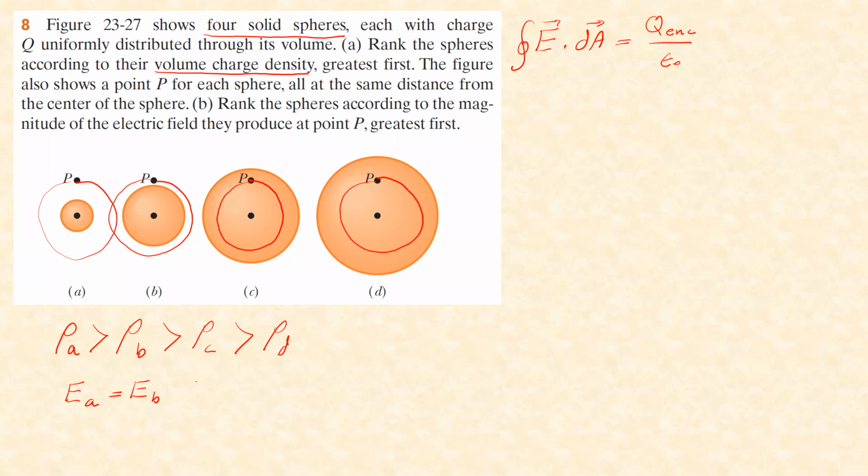That they're all equal? No. The first two have the same enclosed charge, which is Q, right? That's why when you do the math, you get E times 4 pi R squared equal to Q over epsilon naught for A and B.